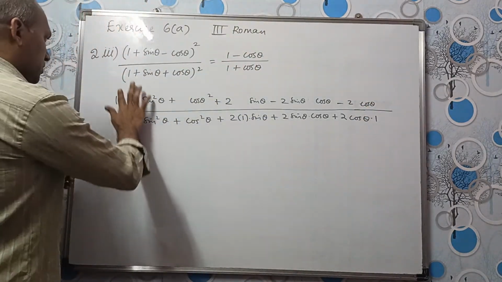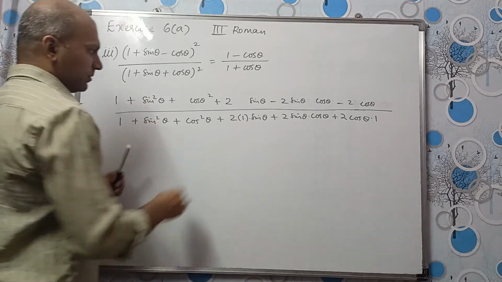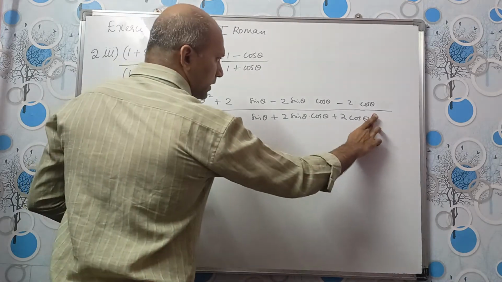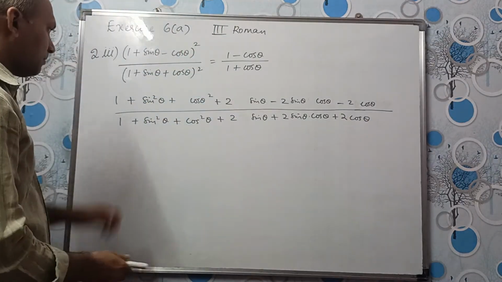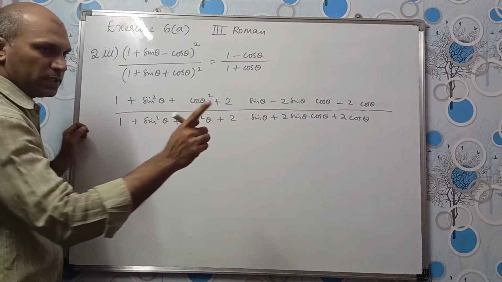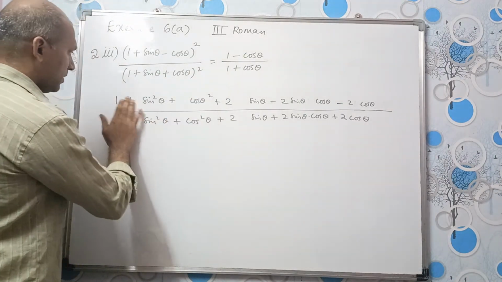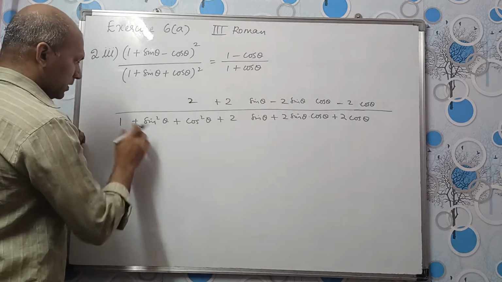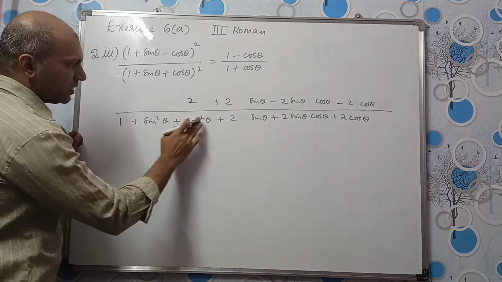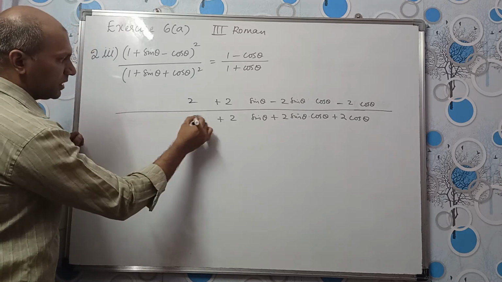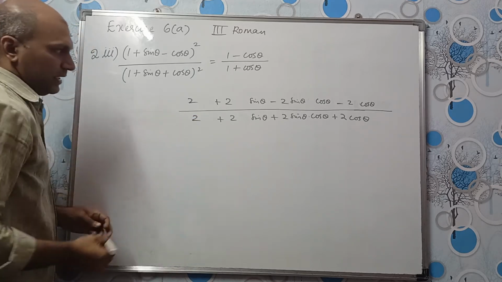Okay, so 1 square is 1 here, so here we can remove this part. Now see, sin square plus cos square is equal to 1, right? So this one plus this one will become how much? It will become 2. In the denominator also, 1 plus sin square plus cos square, sin square plus cos square is equal to 1. This one and this one will become 2. Alright.